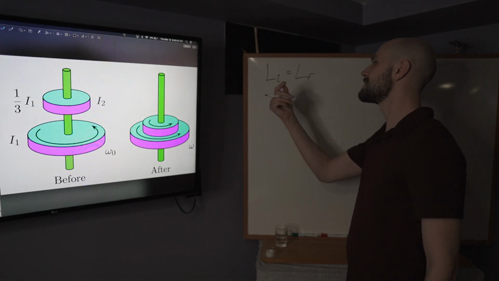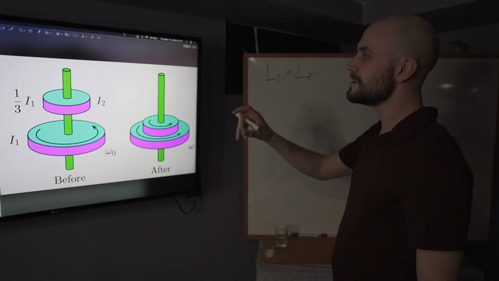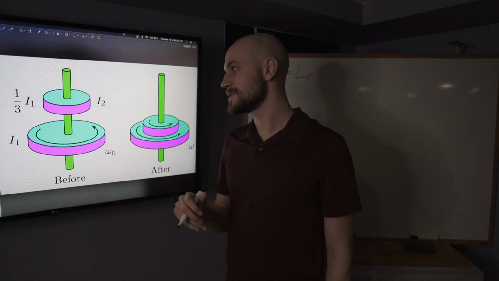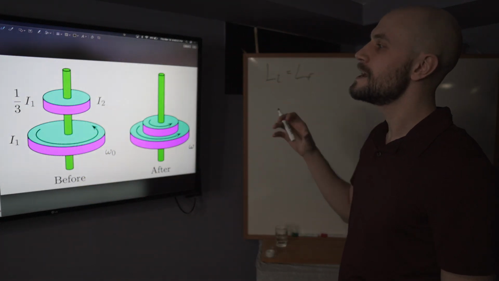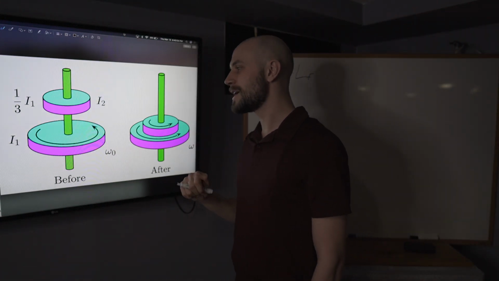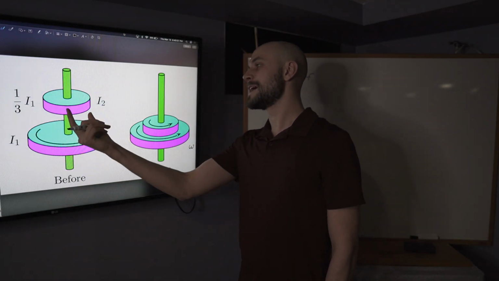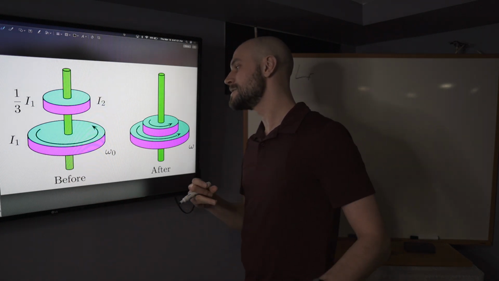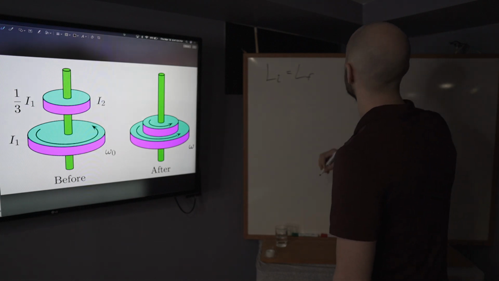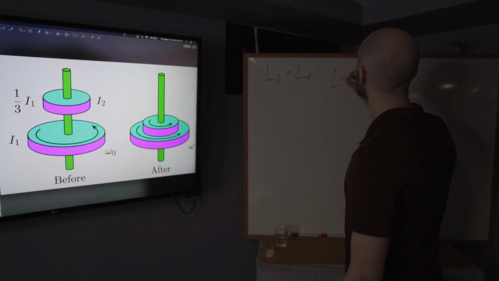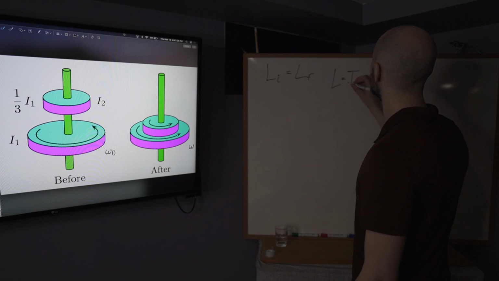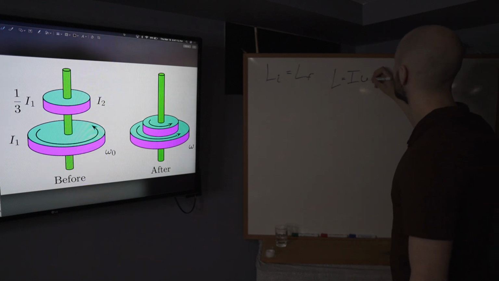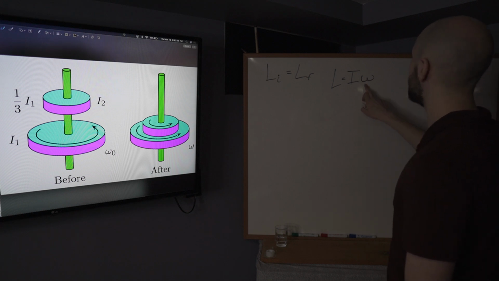First, on the left side of the equal sign, we look at the angular momentum of the system before the disk falls on disk 1. We want to see which bodies actually have angular momentum. Disk 2 is not rotating, so all the angular momentum is in disk 1. Angular momentum is equal to the rotational inertia of that object multiplied by its angular velocity.